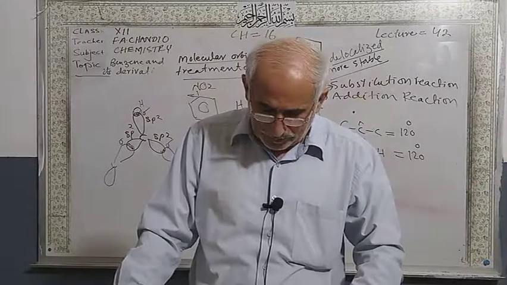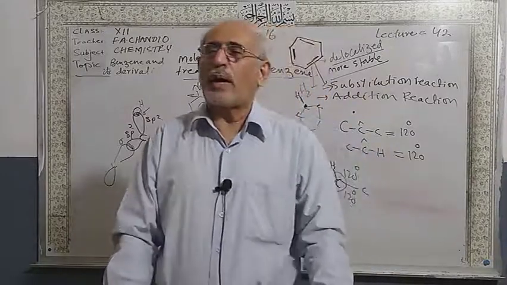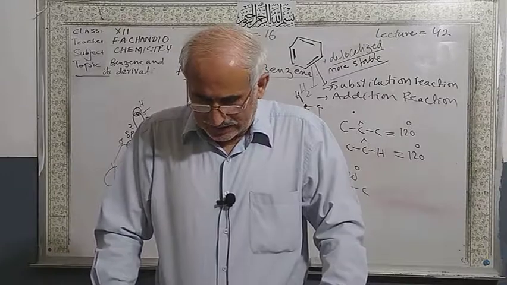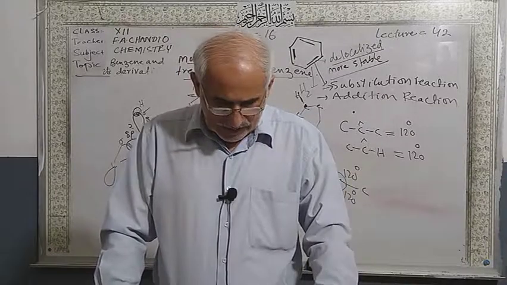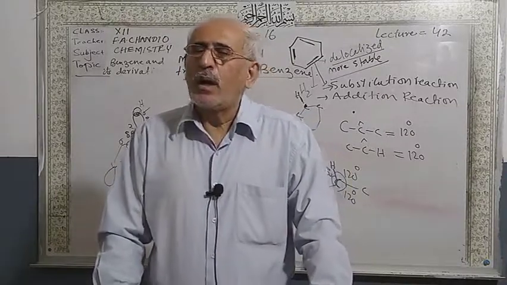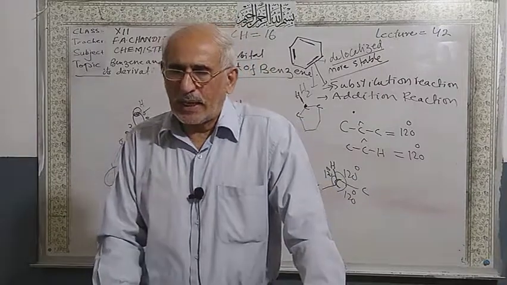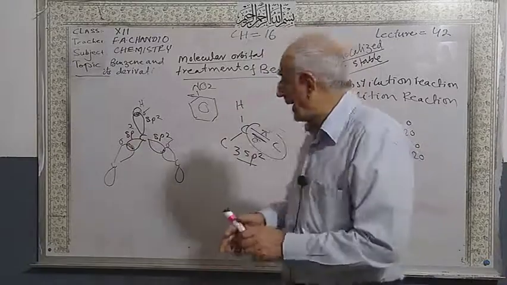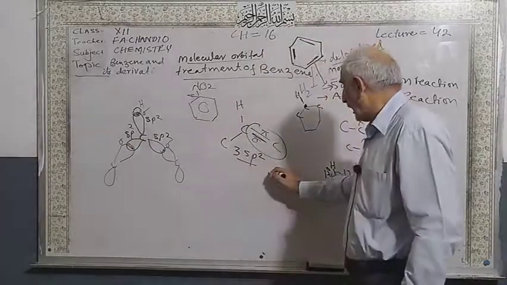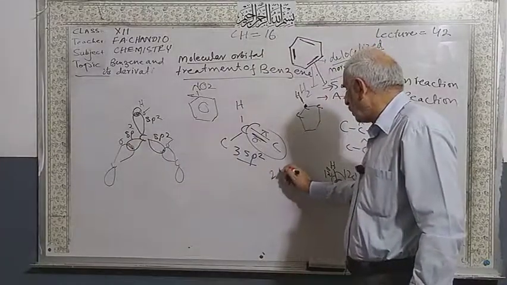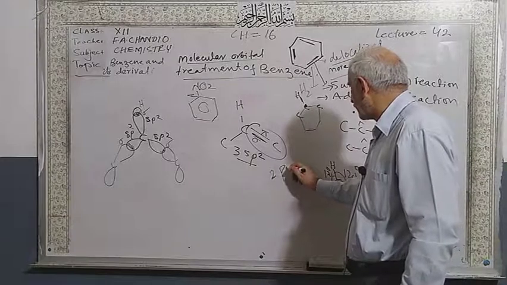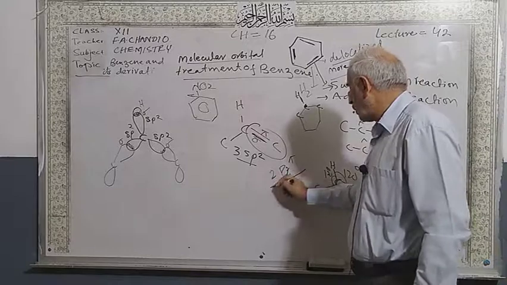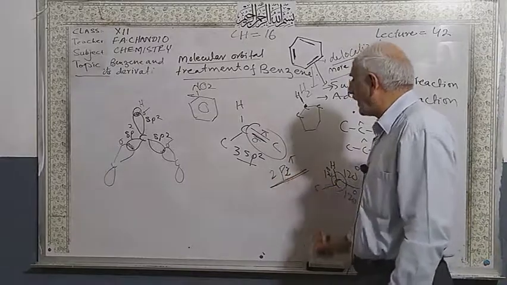6 atomic p orbitals form a pi bond. 6 atomic orbitals of the benzene carbon atoms form a pi bond, because I told you in each carbon there is a 2pz. One is unhybridized.